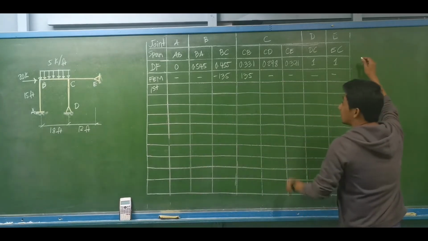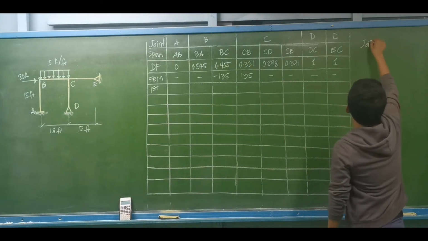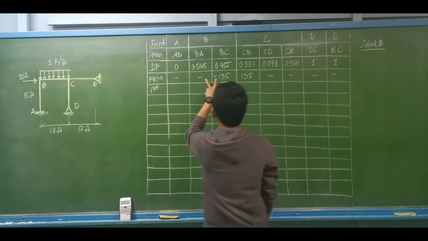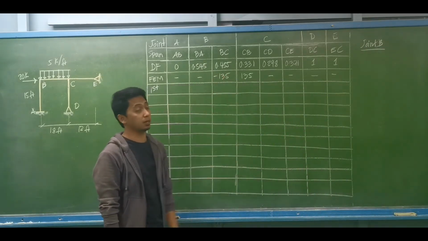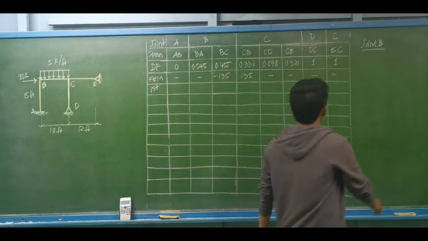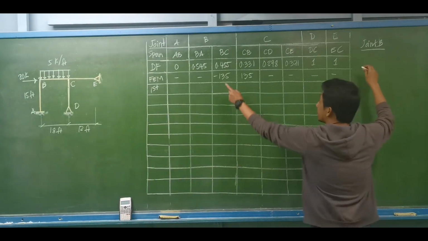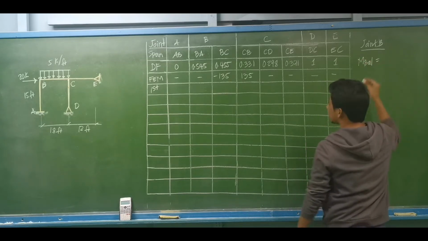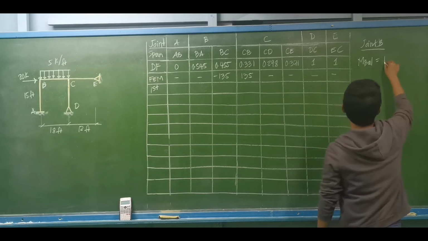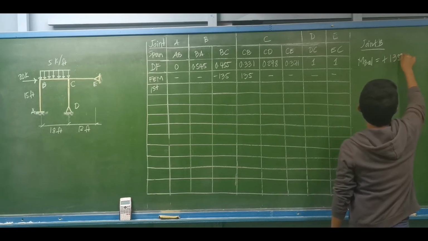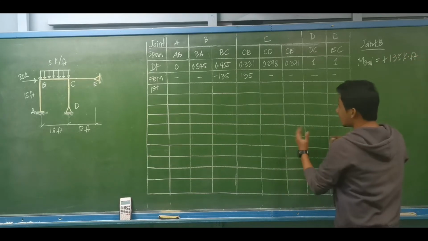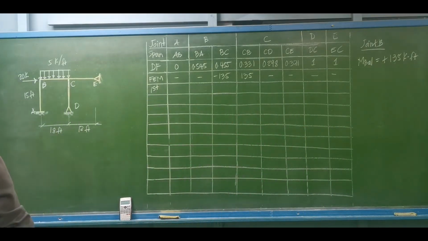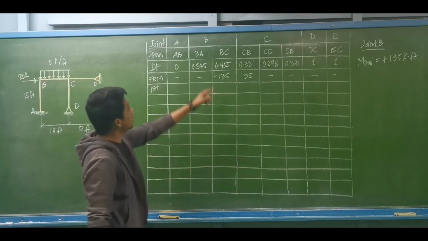So for joint B, as you can see, we have a fixed end moment for BC of negative 135. If we have a moment there of negative 135, your balancing moment is equal to 135 but opposite in sign. It should be positive 135 kips foot. To balance, I use the opposite sign. So how do we distribute that for BA?